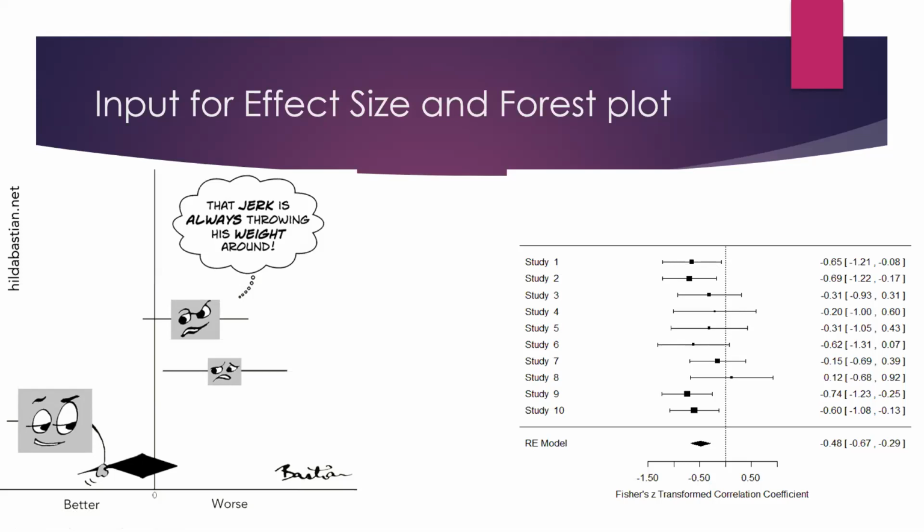Now in this horizontal line, you can see that some squares are large and some squares are small, right? Now, why is that so? That is so because these squares show the weight assigned to the study.